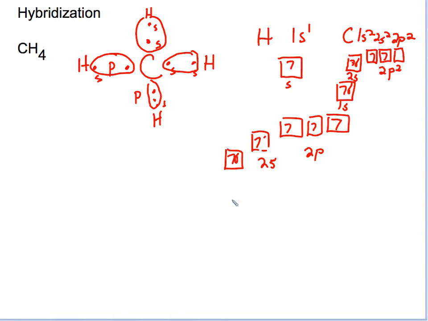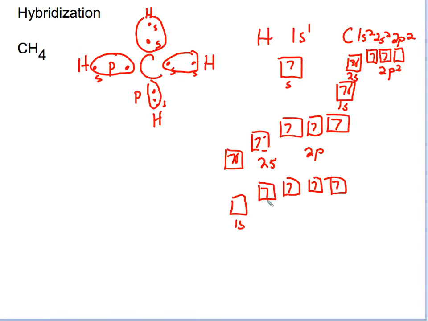And then what happens is here we have the 1s. Because of the electron that was promoted, it makes 4 orbitals of equal energy with 1 electron in each.